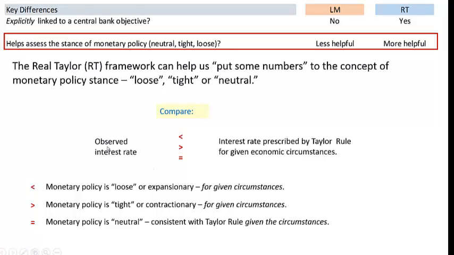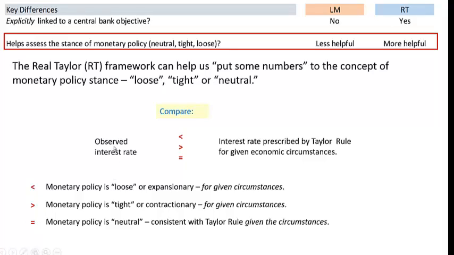So if what we observe is less than what the Taylor rule prescribes, then we would say that monetary policy is loose or expansionary for given circumstances. If the observed interest rate is above the interest rate prescribed by the Taylor rule for given circumstances, then monetary policy is tight or contractionary for given circumstances.